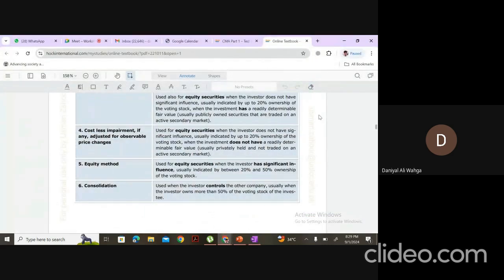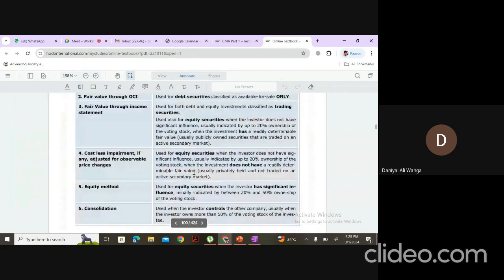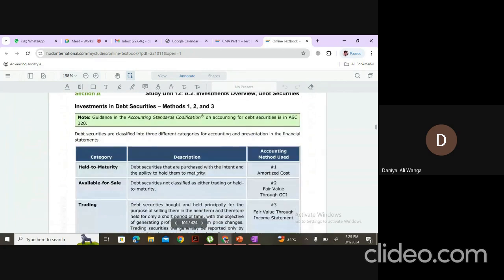If it goes above 50%, then there is no significant influence, but rather control. If it is less than 20%, again, there is no significant influence. So for significant influence, it needs to be between 20 to 50%. And if you are going for consolidation, then there should be control, and where there is control, the ownership in ordinary shares is normally more than 50%. Okay. So this is what has been discussed here.